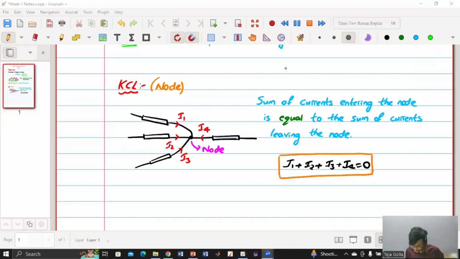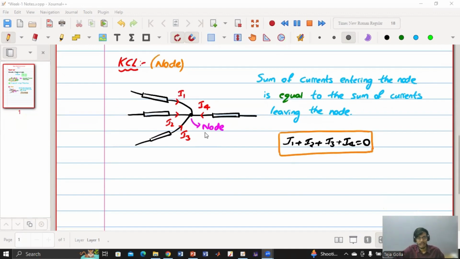Sir, I missed previous videos. How can I recover this syllabus? Sir, why are capacitor and inductor zero in a DC supply circuit? Yeah, Kamaki, I'll come to your question in this lecture. We'll try to cover that. Someone has asked how to recover if they have missed videos. Do you mean the lecture videos, or this particular session? If you have missed this particular session, this video will be available on YouTube, and the link is mentioned in the chat.